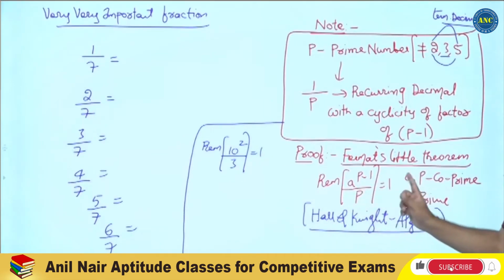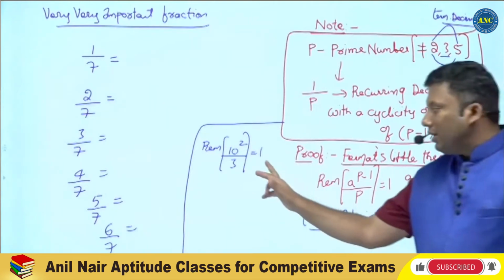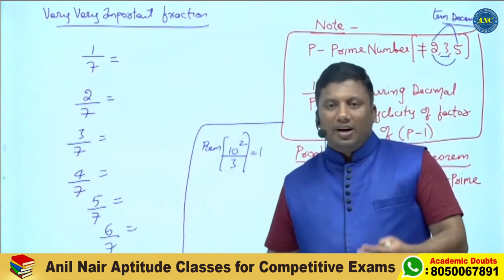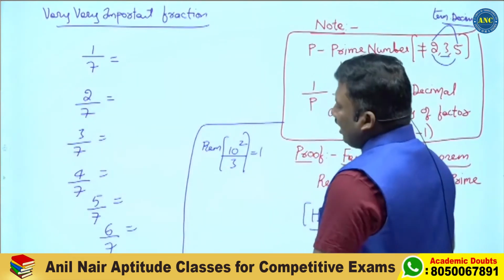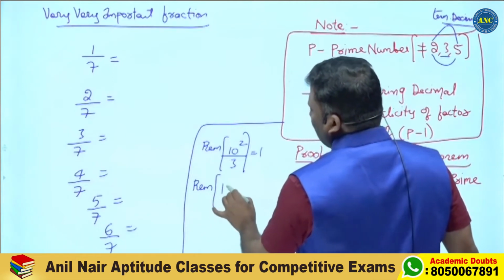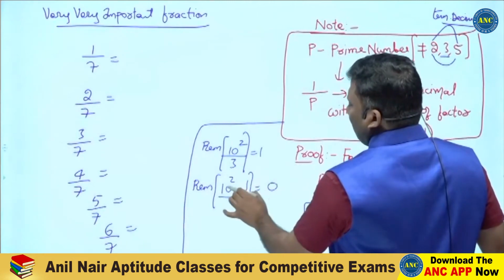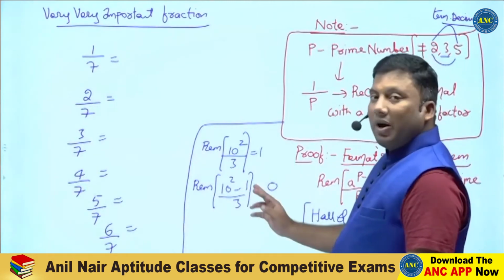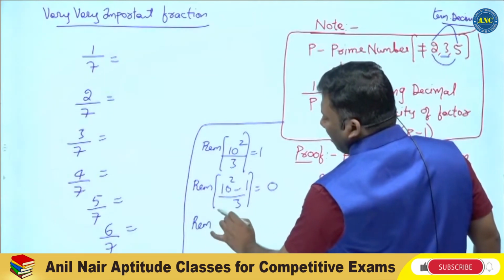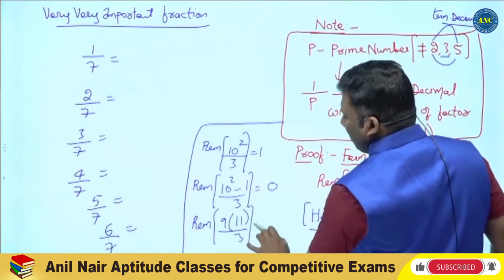A and p are co-prime: 10 and 3 are co-prime, and the denominator is a prime number. 100 divided by 3: 33 threes are 99, remainder 1. So this can be written as 10 square minus 1 divided by 3. 10 square by 3 is 1, and 1 minus 1 is 0. 100 minus 1 is 99, and 99 can be written as 9 into 11 divided by 3.